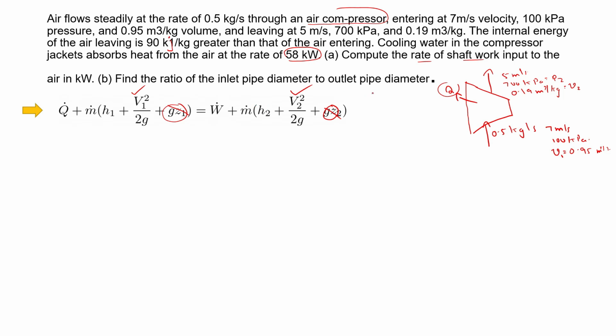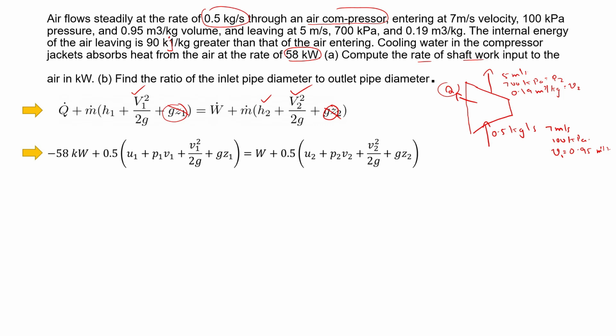Another thing: h1 and h2 are not given. This m dot is given as 0.5 kilogram per second. So if I expand this, you will get minus 58 kilowatt plus 0.5 into h1, which can be written as u1 plus flow work P1 V1, plus V1 square by 2g plus gz1.